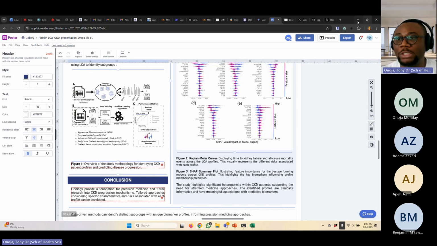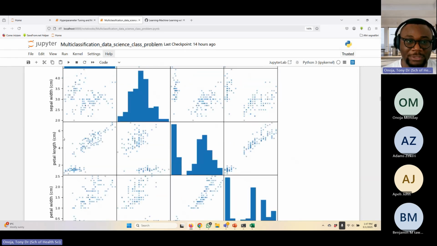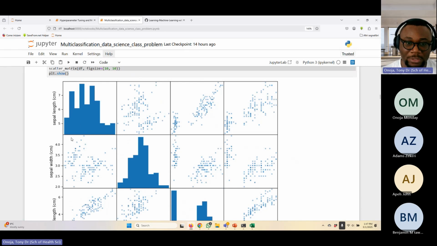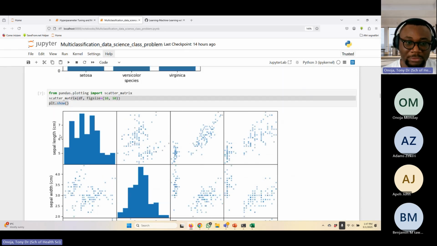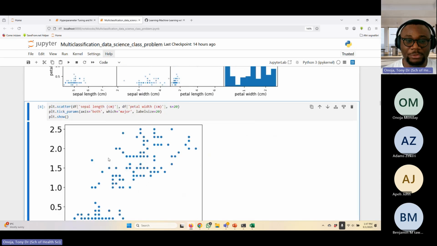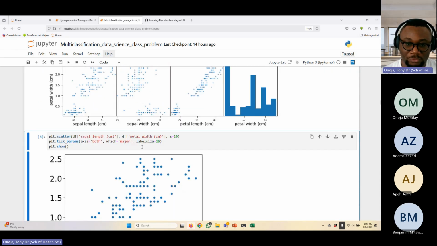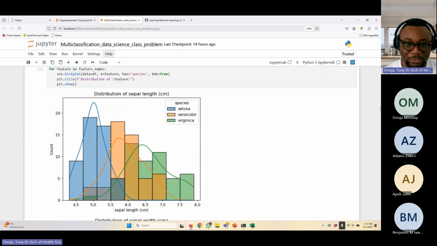So take note of these things when you are plotting figures. Don't just display the figures. For example, if you put these figures on a paper, you're likely going to see they will become small when you shrink them. So make sure you take note of this font size when you're putting in your script. That's why I try to do this, to show you that you could increase the font size.